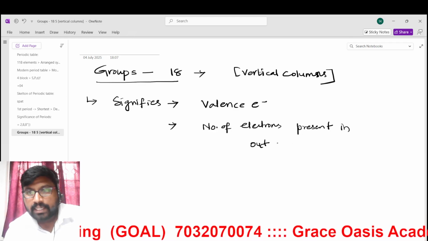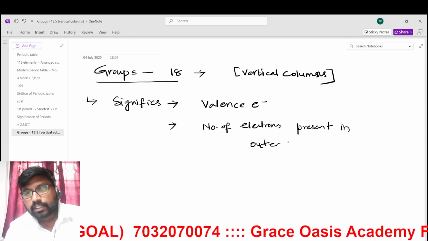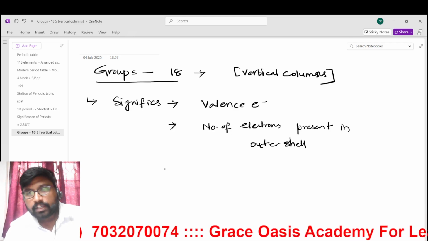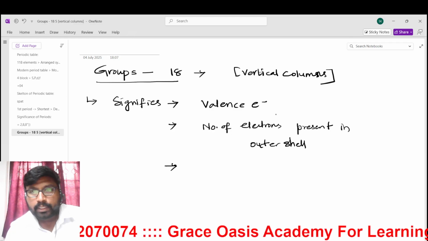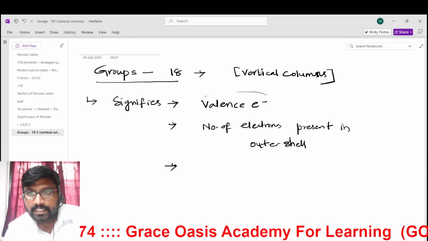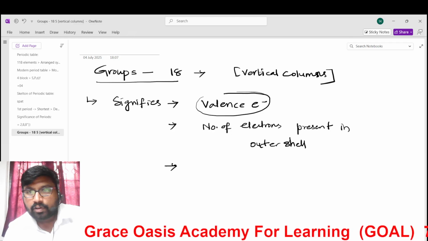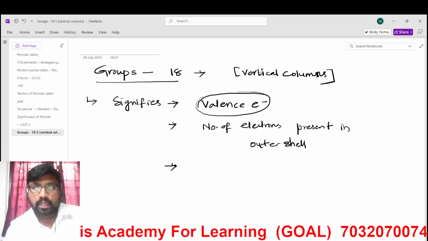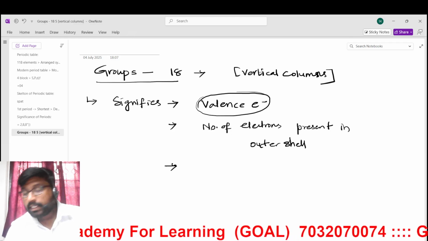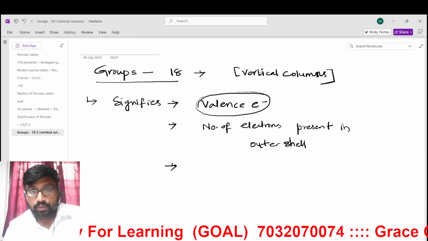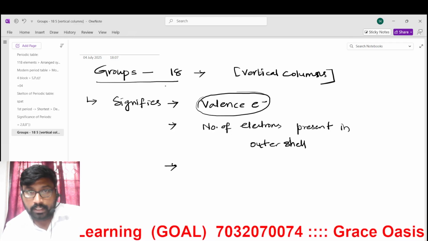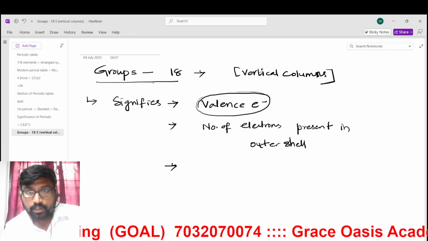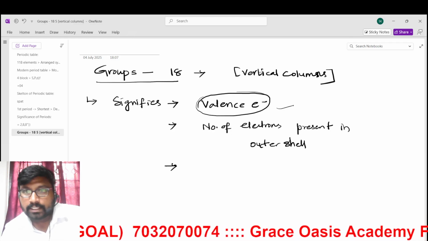Those are valence electrons. Because most of the physical and chemical properties depend upon the valence electrons, the way in which an element donates or accepts electrons. So groups are important because they say about the valence electrons.